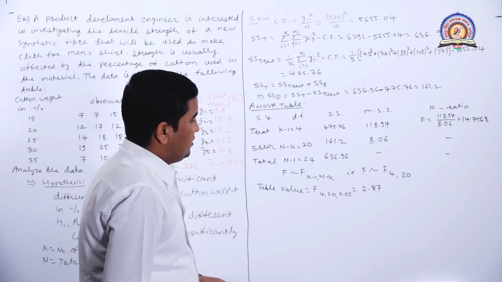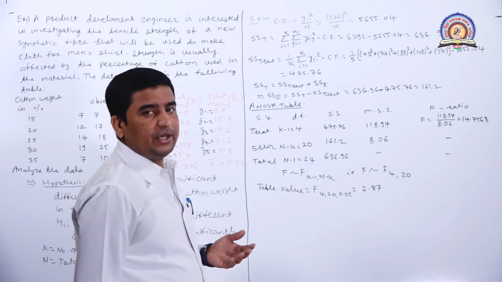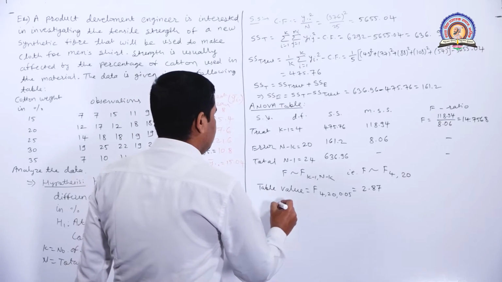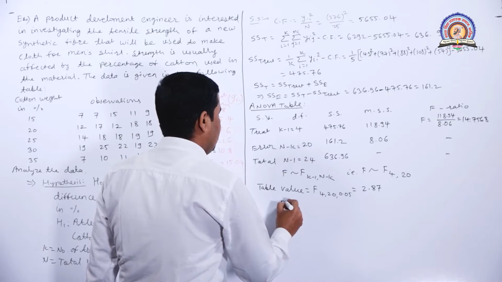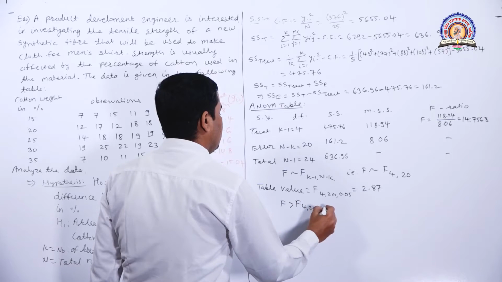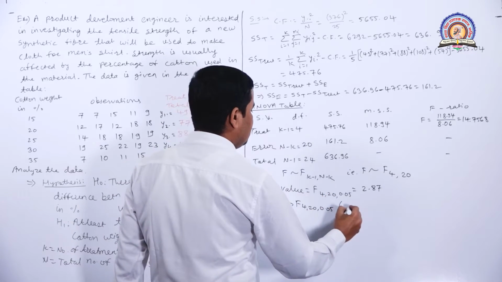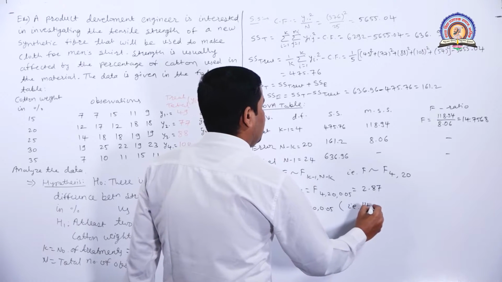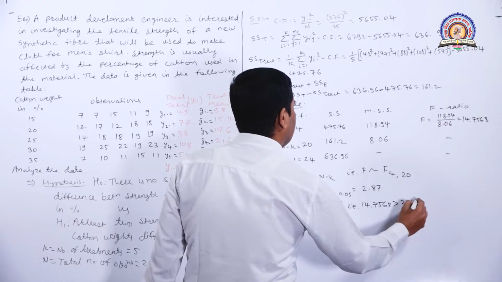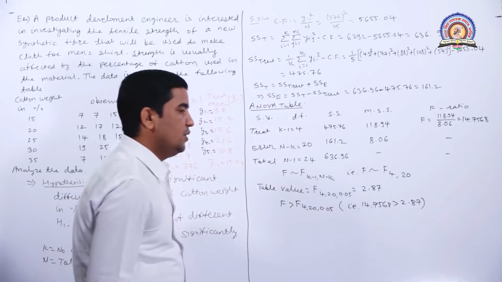If the calculated value is greater than the table value, then we reject H naught. In this case, our calculated F, 14.7568, is greater than the table value of F 4, 20, 0.05 at 5% level of significance, which is 2.87.